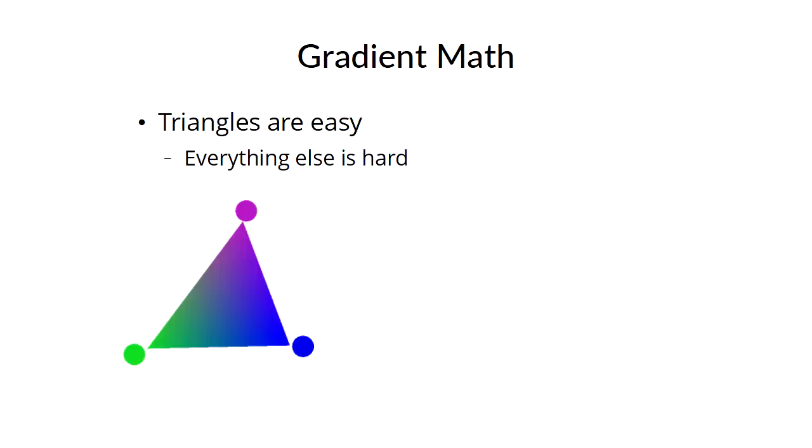Although creating gradients in Omber is easy for the artist, the actual math behind drawing them is pretty complex, actually. That's why these sorts of gradients haven't been done before. You might think, oh, I've seen some 3D models with some smooth shading across them, so it can't be too hard. It turns out that all those 3D models are made up of lots of triangles, and making gradients over triangles is actually easy.